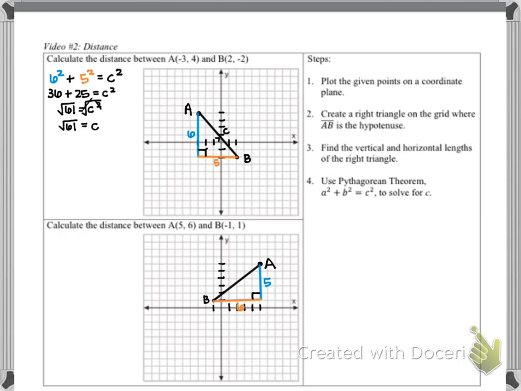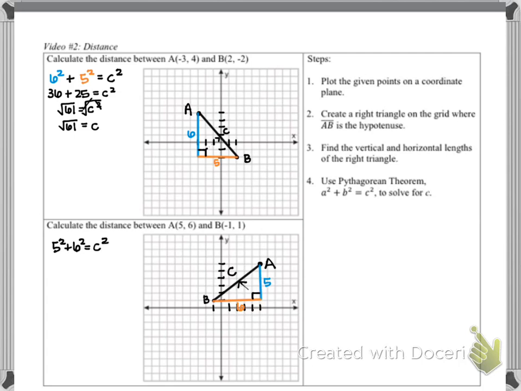So I would set up the information that I have here: 5 squared plus 6 squared. Again, those are the legs. Going back to the picture, notice that I am across from the right angle, so I'm trying to find C.